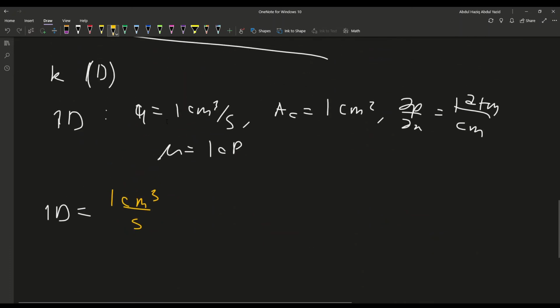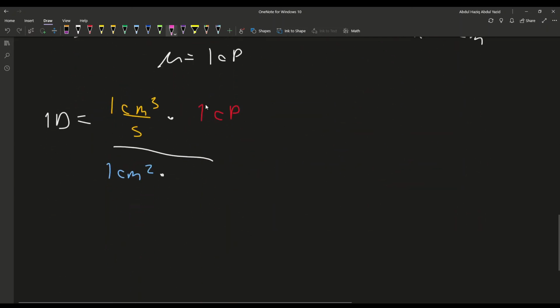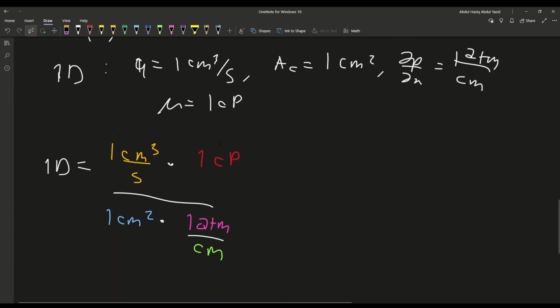Okay, so Q mu, now we write here our mu, then our constant cross-sectional area, which is 1 centimeter squared, multiplied by our pressure gradient, which, if I recall the colors correctly, will be 1 atmosphere per centimeter. Alright, so now let's do some simplifications. We see that this cm squared and this cm will cancel out to just leave cm.